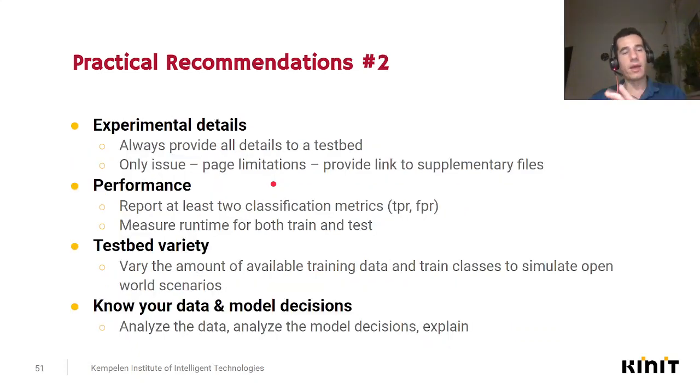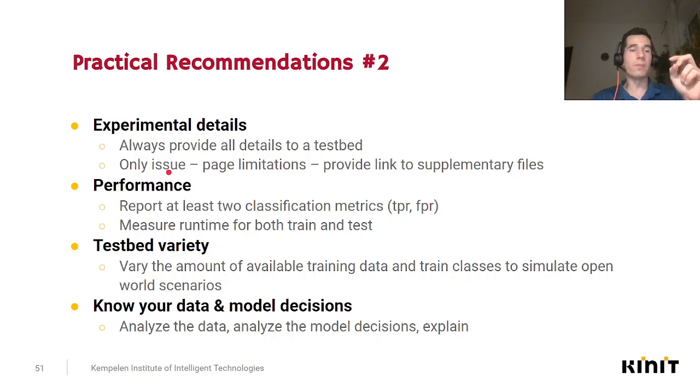Yeah. And the practical recommendation number 2, give experimental details in your method. So provide details of a test bed in our papers. Only issue is we have page limitations. So provide a link to supplementary files or to an appendix, but in order to make our research replicable in practice, we need to provide experimental details.